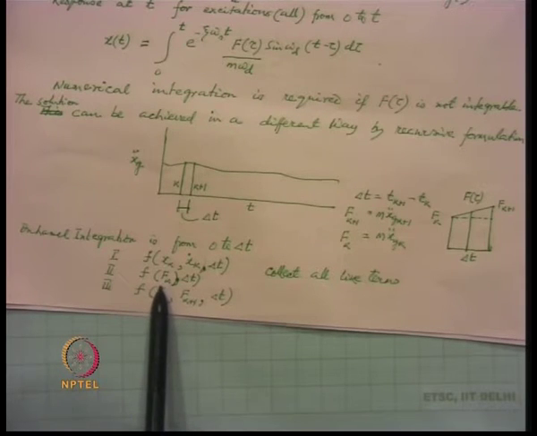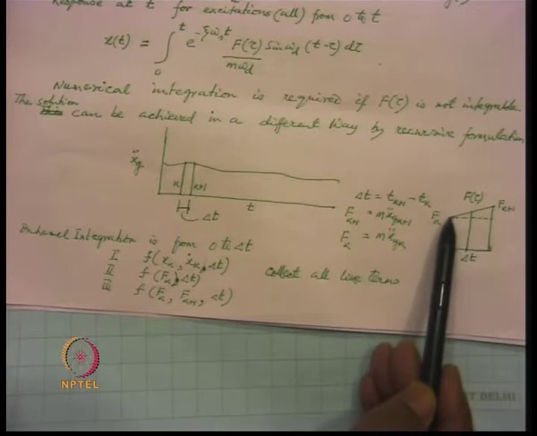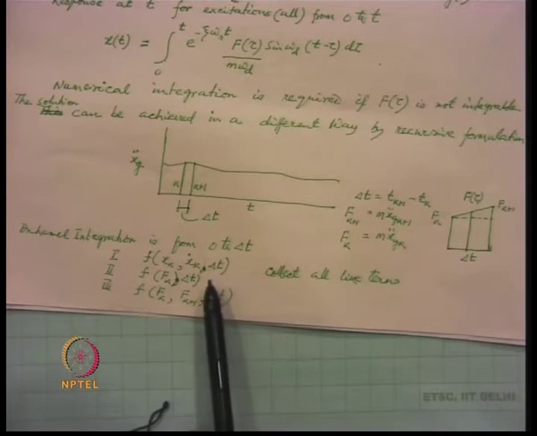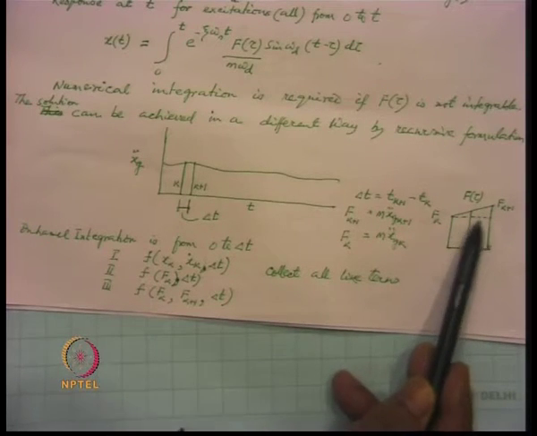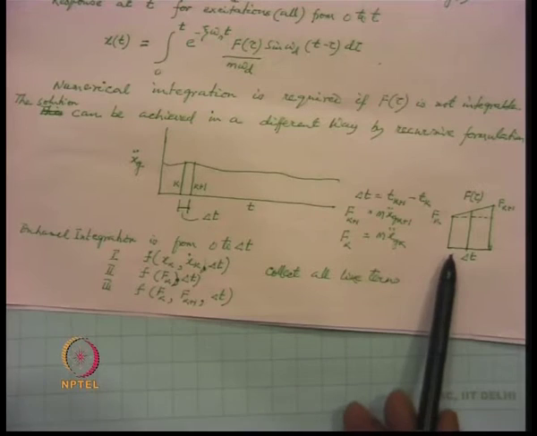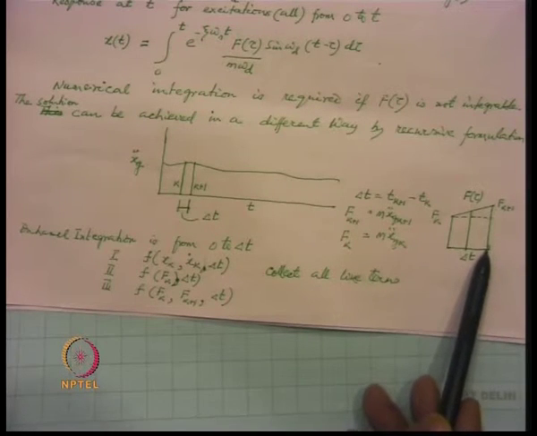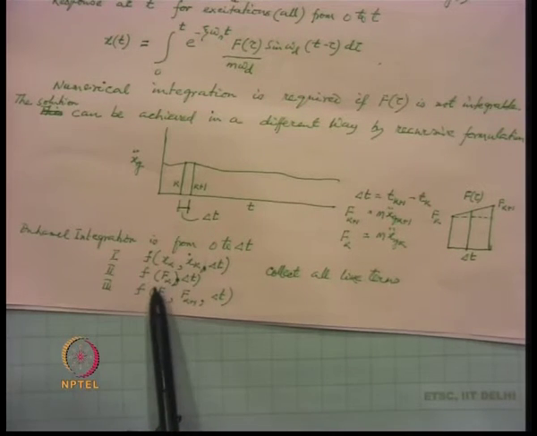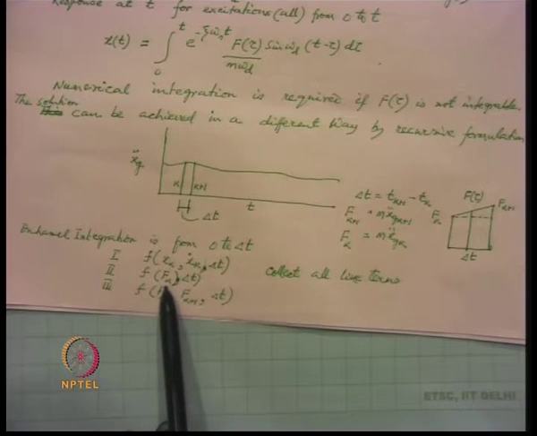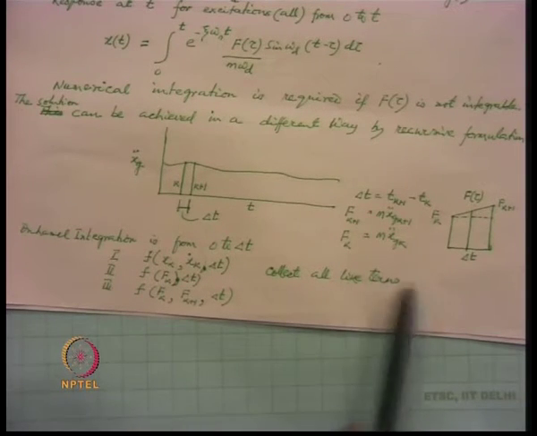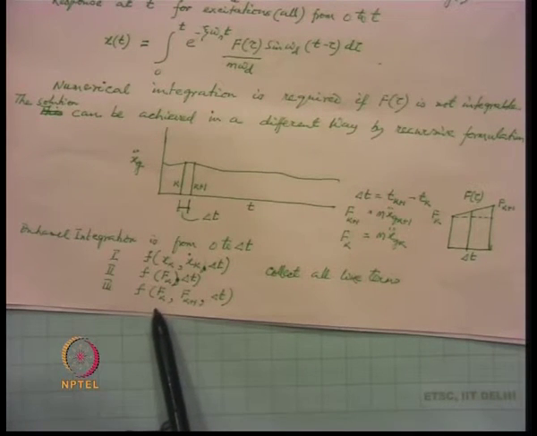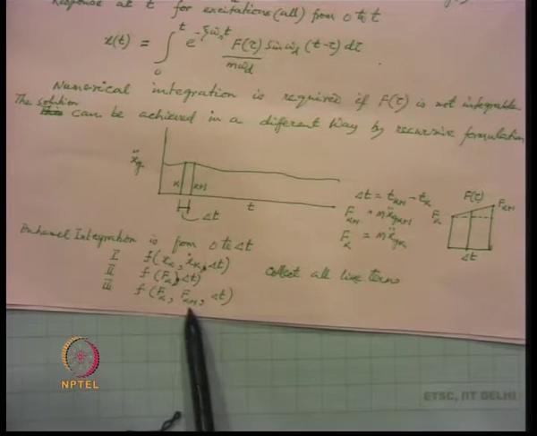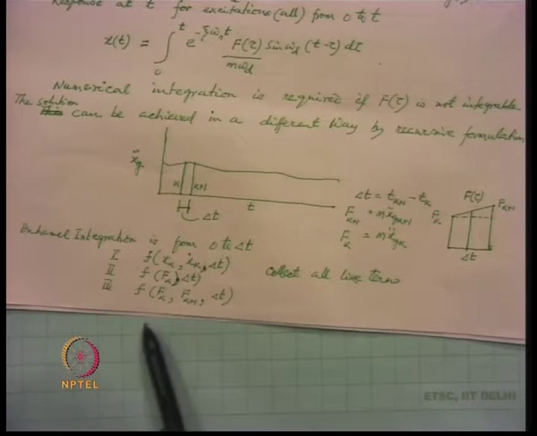The second part of the solution, for a constant Fk, that is a rectangular forcing function, what is the response at this point? This will be a function of Fk and delta t, and the third part of the solution requires the knowledge of Fk, Fk plus 1 and delta t.